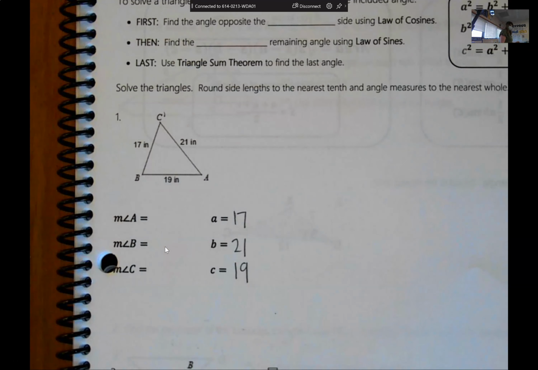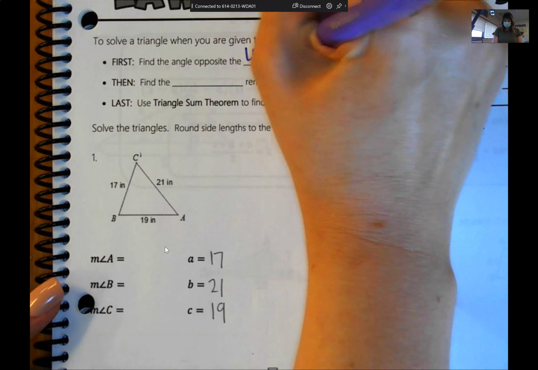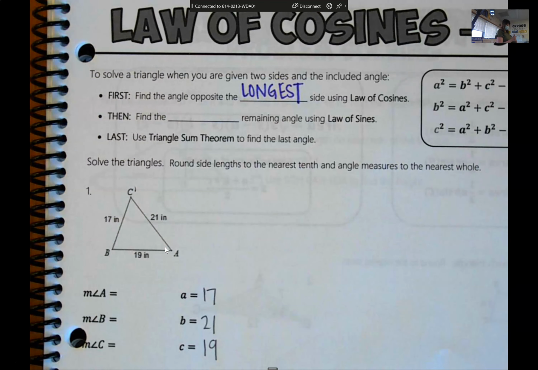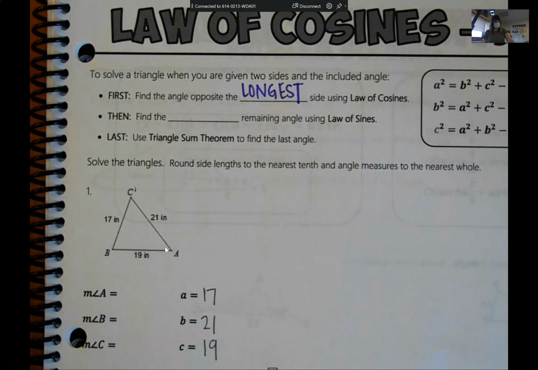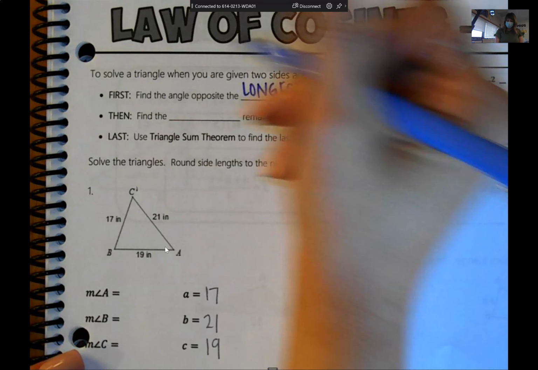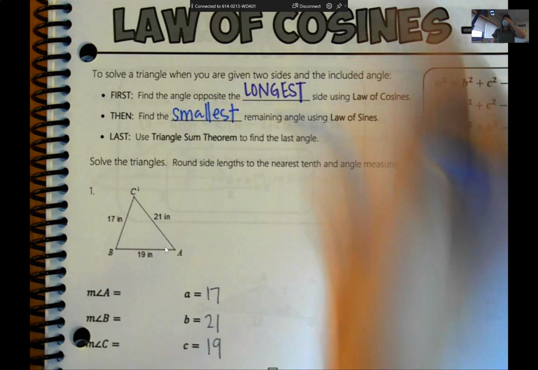So it's going to require 3 steps. Step number 1 is that we want to find the angle opposite of the longest side. So that means that we're finding the biggest angle first. Then, after we find that angle, we are going to use the law of sines to find the smallest angle.